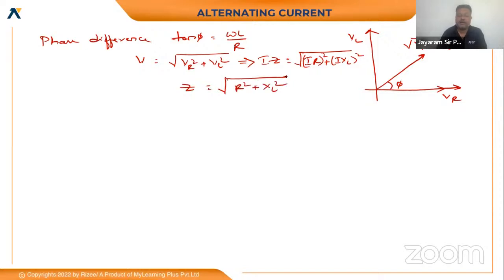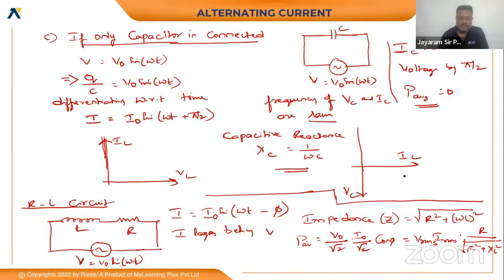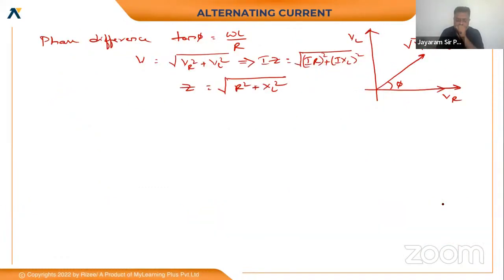That's the same thing that we have written, which is called an impedance. On the power dissipation, we have discussed. This is the general thing, and now IRMS is equal to VRMS by Z, where Z is called the impedance.